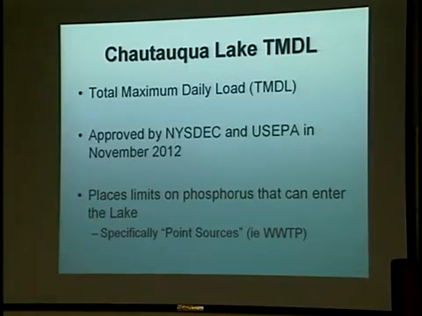They went around the country and identified, based on their criteria, what lakes had an impairment or not. Chautauqua Lake was given an impaired status by the EPA and New York State DEC, specifically for phosphorus. Therefore, it was put on what is called the 303D list of impaired water bodies. This triggered, at that point, the necessity for a future total maximum daily load to be established for Chautauqua Lake.